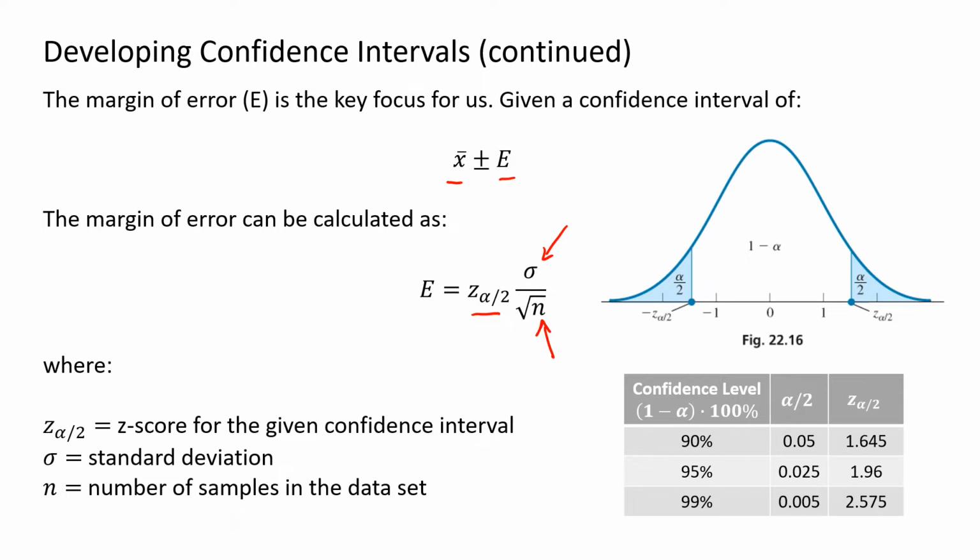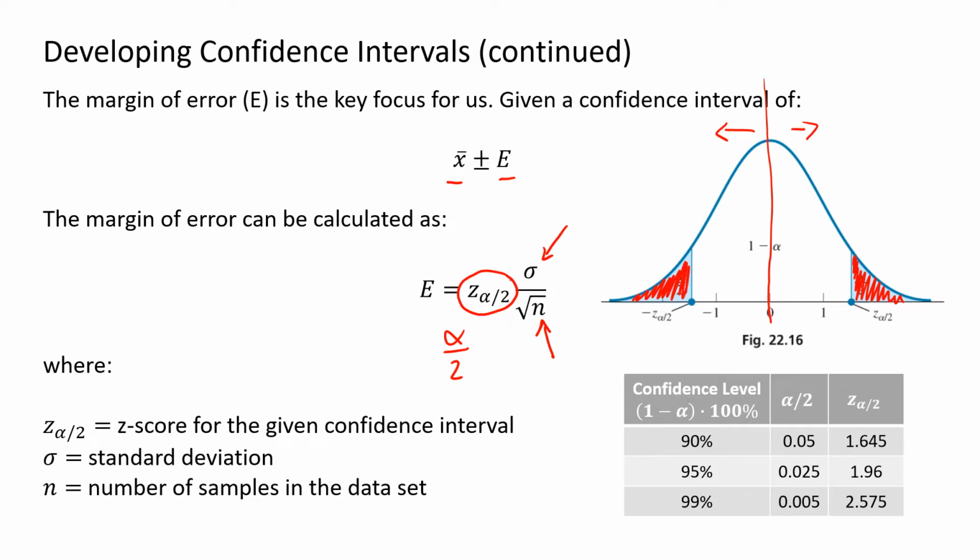So the error takes into account all three of these variables. Now, looking here, our first term, our z-score, has alpha divided by 2. The reason for that is, remember, looking at a normal distribution, it's symmetric on either side of the mean. So your error on one side of the mean is just half, and the other half is on the other side.